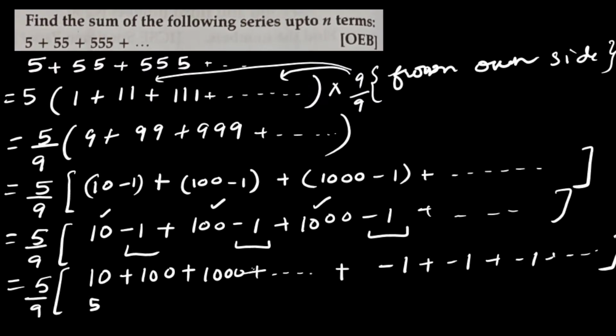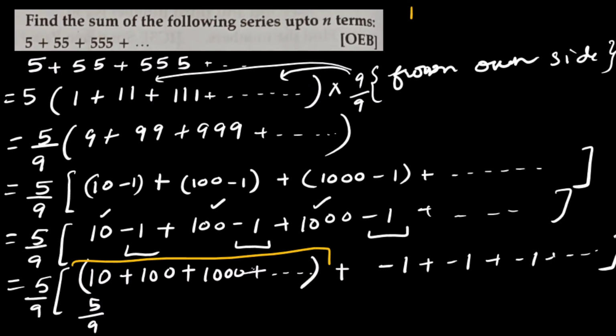Now, 5 by 9. If you just see this part, do you think this is GP? This expression, this sequence, 10, 100, 1000, do you think it is GP? Yes or no?